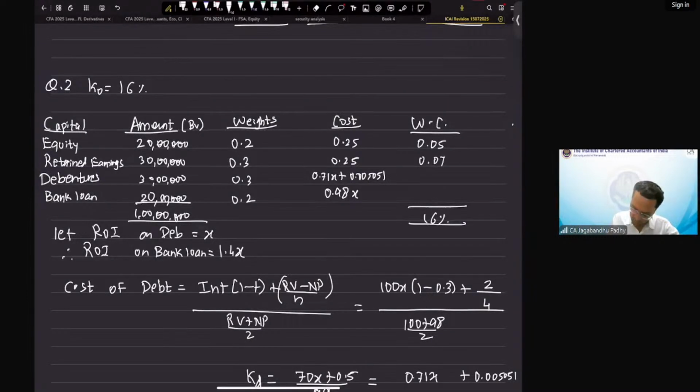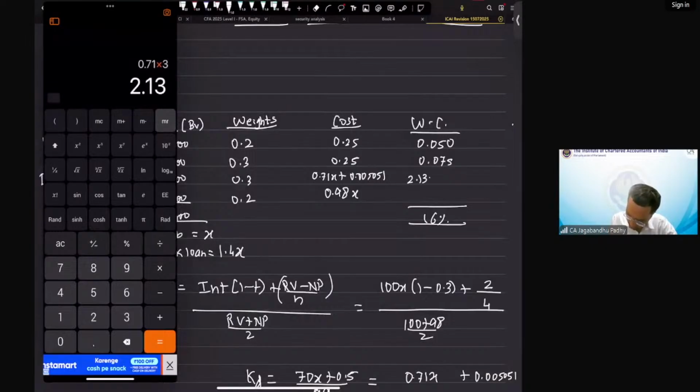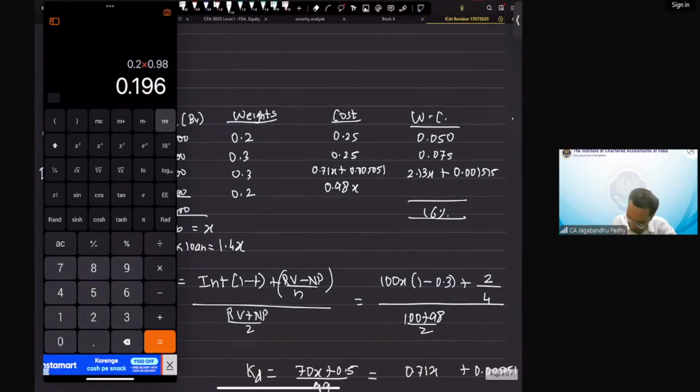This is 0.075, and this is going to be 0.71 into 3, which is 2.13x, plus 0.3 into 0.005051, 0.001515, 0.2 into 0.98, 0.196x.